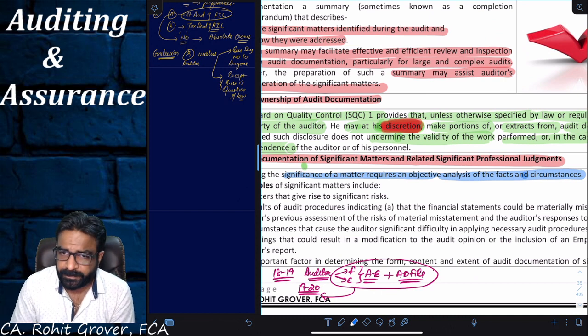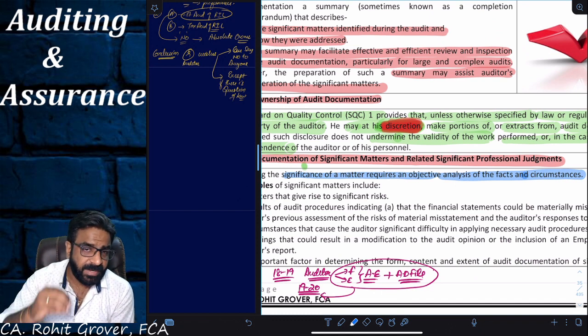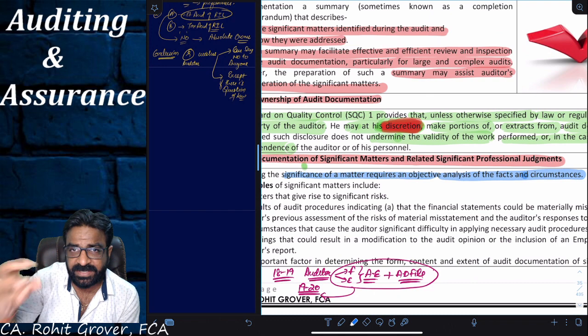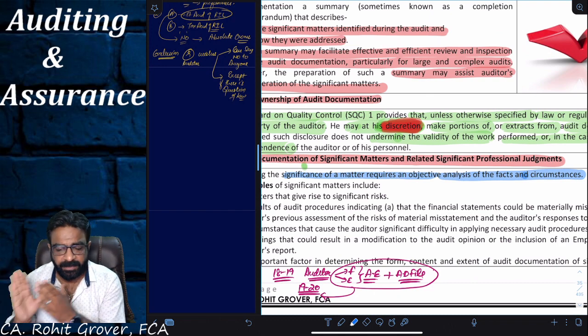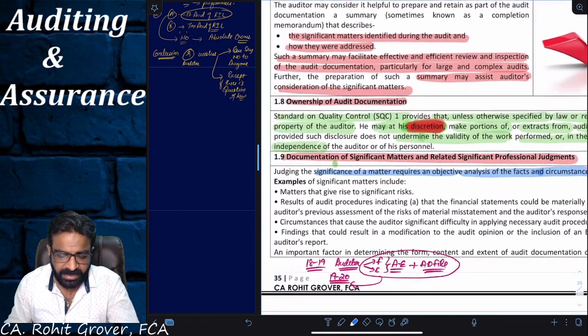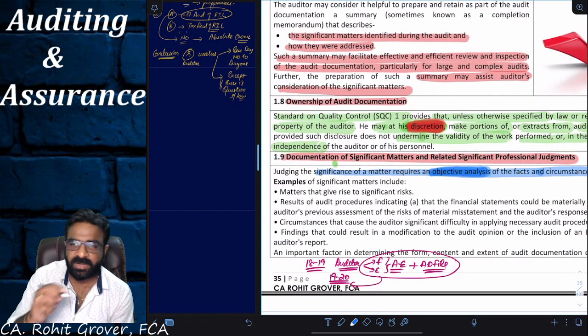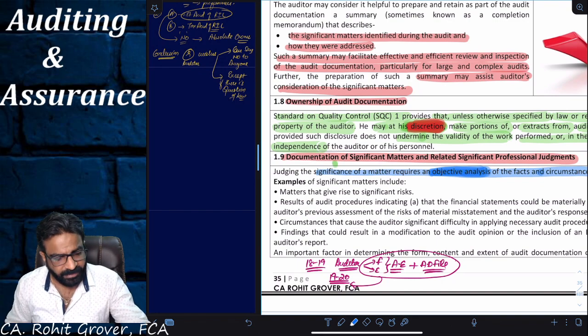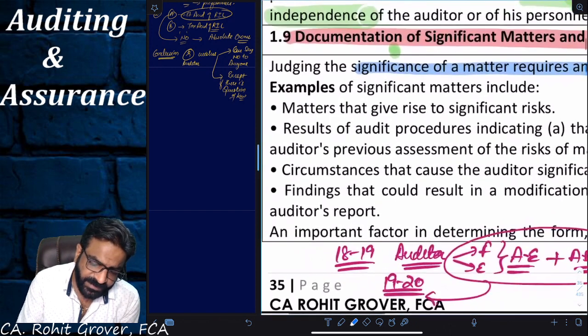The one thing which is significant for me, is it mandatory that it is significant for my senior? No. His judgment is different and my judgment is different. That's what they are saying. It needs an objective analysis which keeps on changing from one person to another, everyone. Clear, everyone?